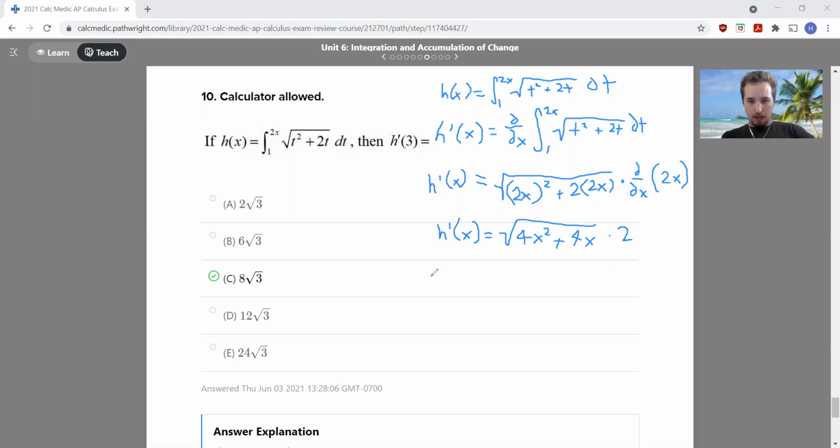So now we can plug in for 3. We can plug in 3 for x, because it wants h prime of 3. We can bring this 2 to the front. We plug in 3 for x.